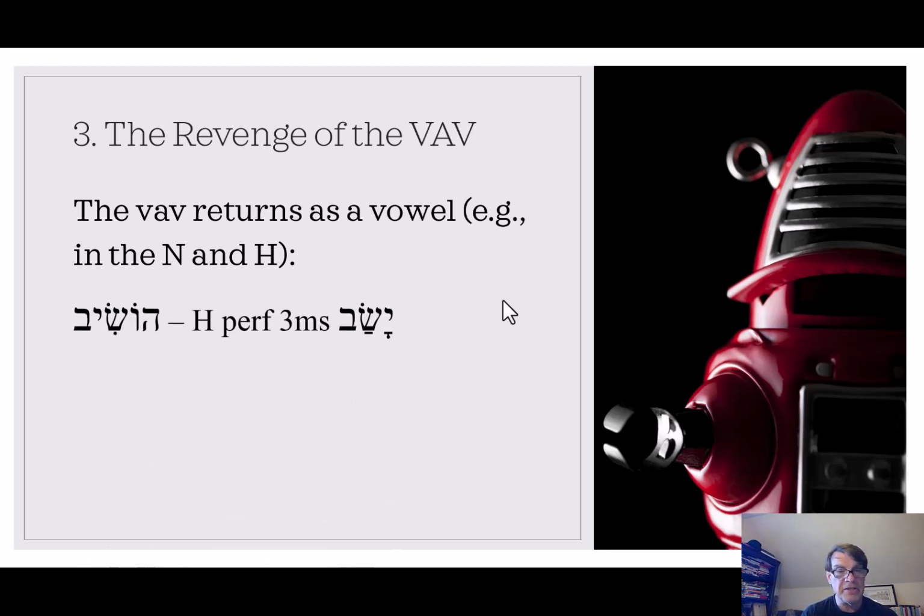So, for example, take this form: hoshiv. Hoshiv, can you see? So this is from yashav. You can see the H, it's a hiphil, the causative stem. This translates something like he caused to sit. Sit down, boy. He caused to sit. So the H is the hiphil.